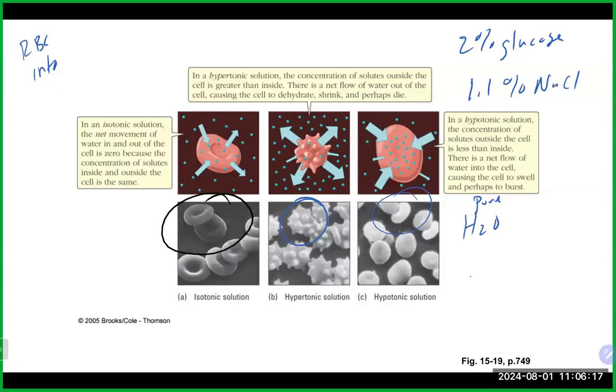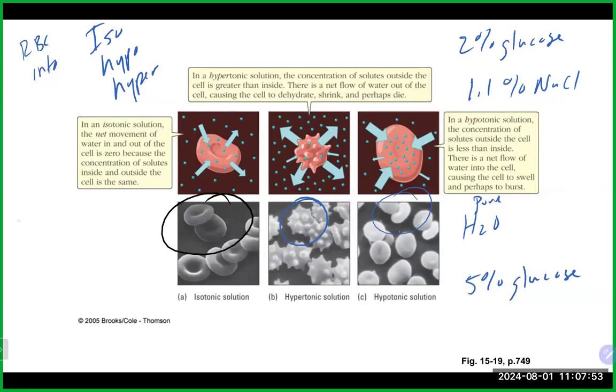And we put it into 5% glucose. Are these isotonic solutions, hypotonic solutions, hypertonic solutions? And what's going to happen to the red blood cell in each of these cases? Will it shrink? Will it explode or swell? Or will it be okay? So take a moment and decide for each of those.